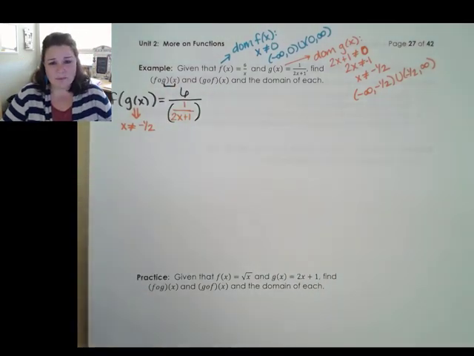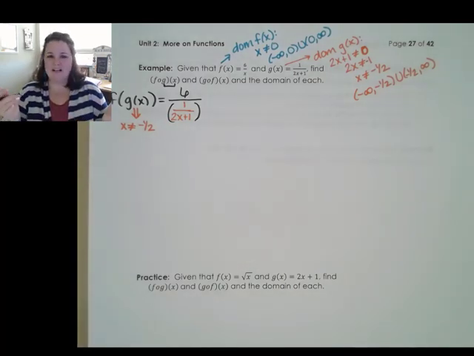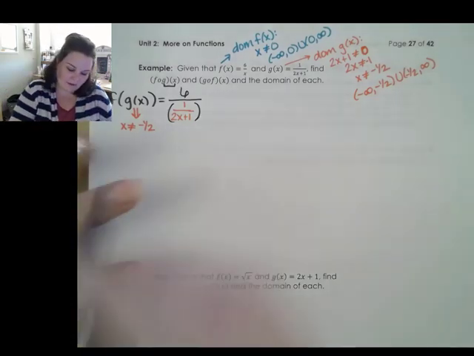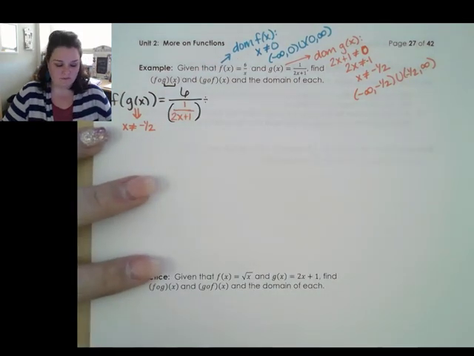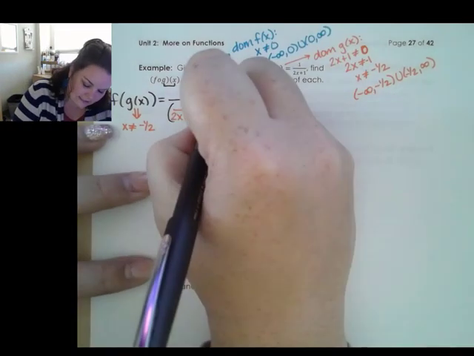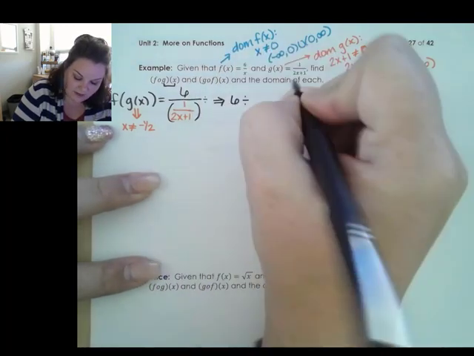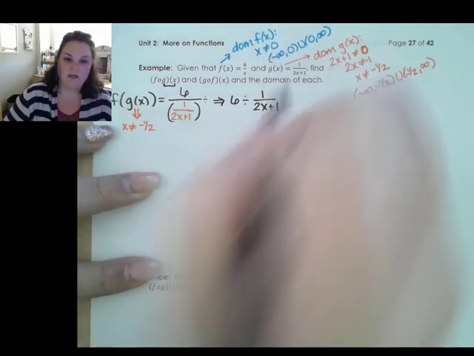Now, this is a complex fraction, and we don't ever want to write our answers with complex fractions. A complex fraction means I have a fraction within a fraction. And so we can think about this as a division, right? Fractions just represent division. So what this really says is we're taking 6 and dividing it by 1 over 2x plus 1, right?